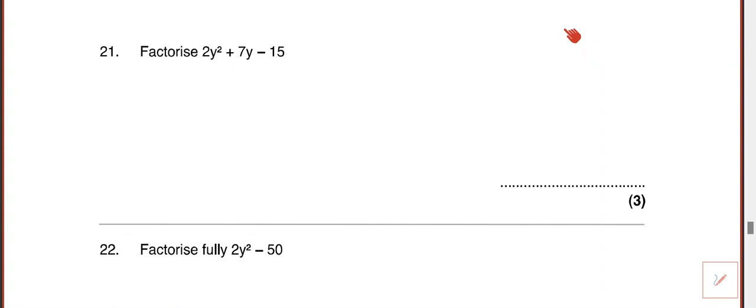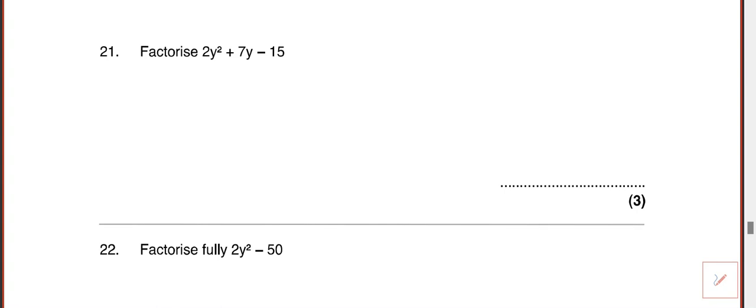All right, and what we want to do today is actually look at when we've got more than one, in this case, y squared. Do you think having more than one x squared or y squared is going to make a huge difference?